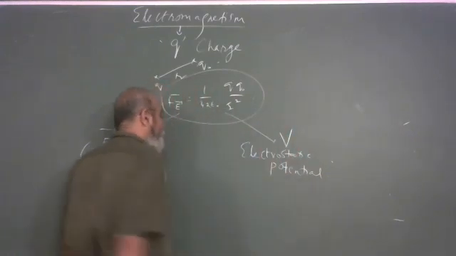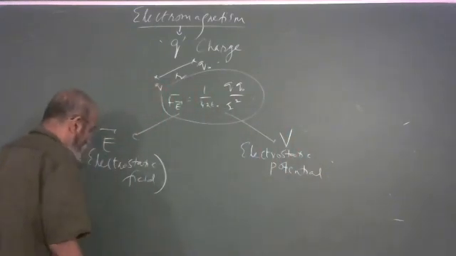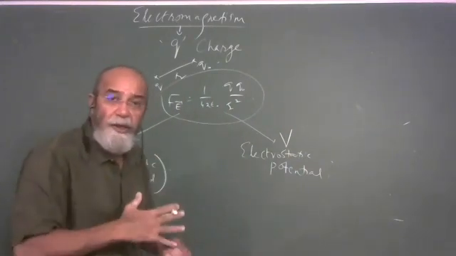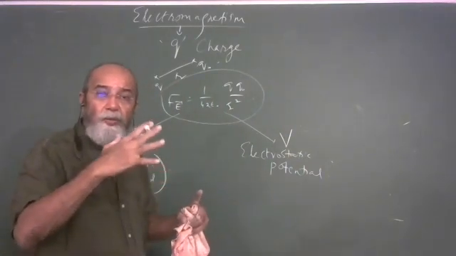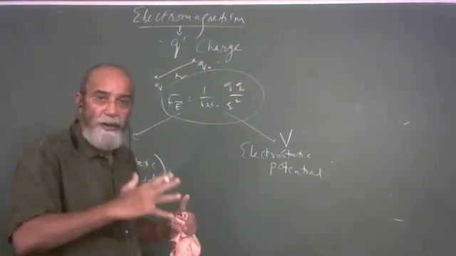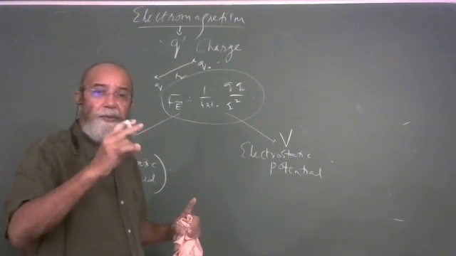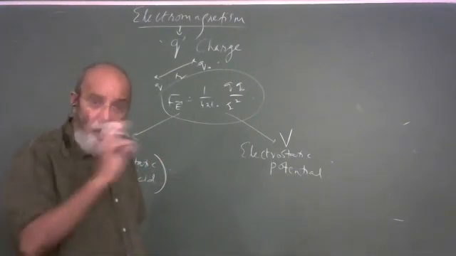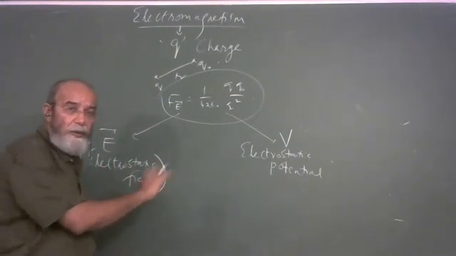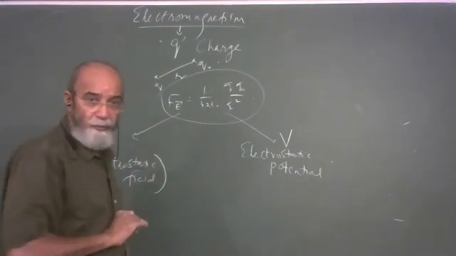Which means that if I have a charge, then the space around will have an electric field and the space around will have an electric potential. Because the charge is static, I call it electrostatic field, electrostatic potential.